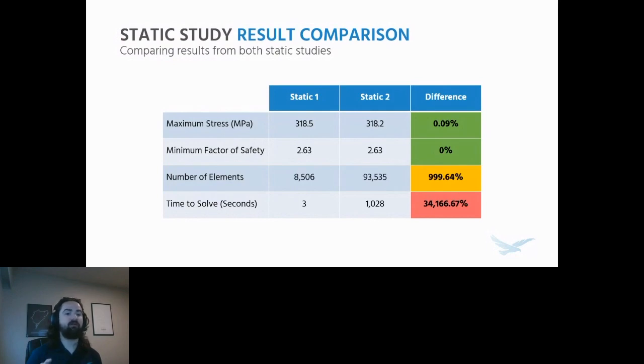So, since we can confidently say that the results of the studies run using the simple configuration are accurate, there's no need to rerun the fatigue or frequency studies, and we can finally review the end results.